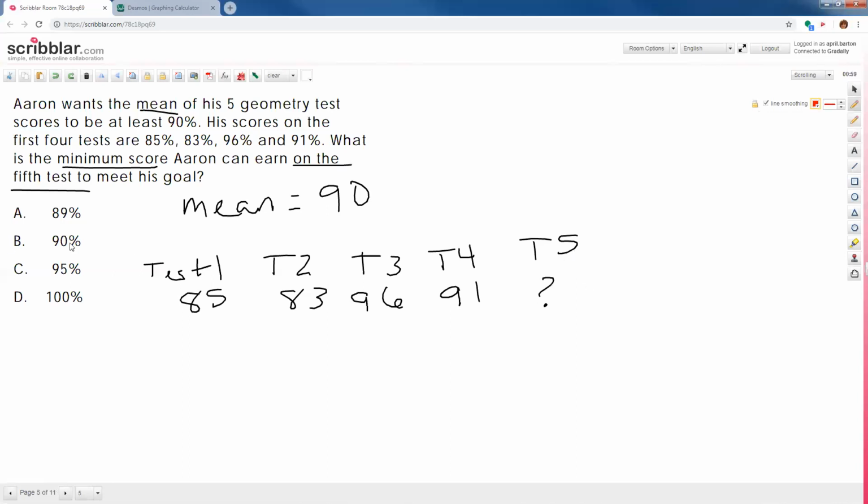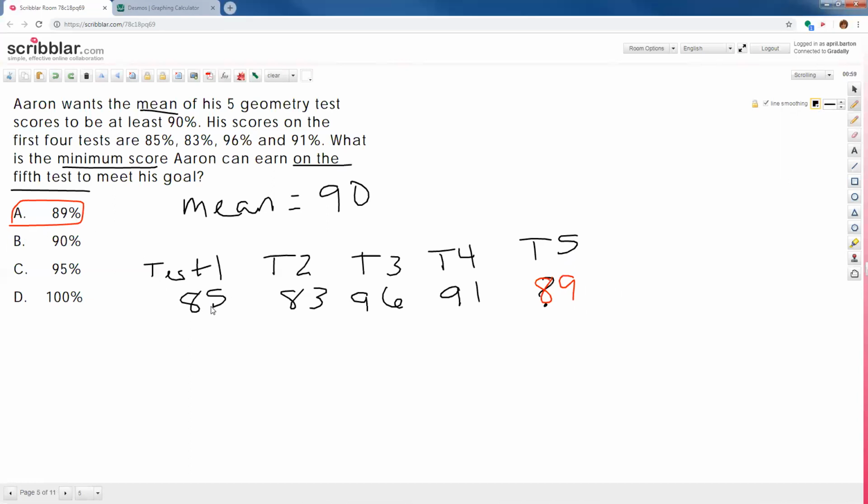But we do have answer choices that are possible test answers. If test 5 was an 89% and we find the mean, is it going to equal 90? So this is one where it's best to try each answer choice. We're going to check out answer choice A right now, and then we'll try B and C and D.